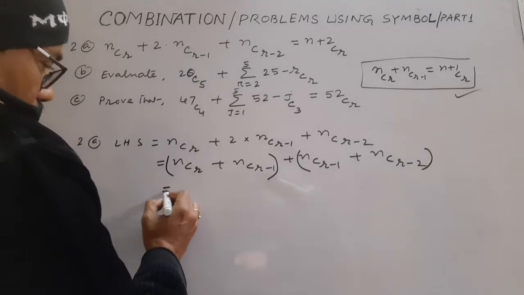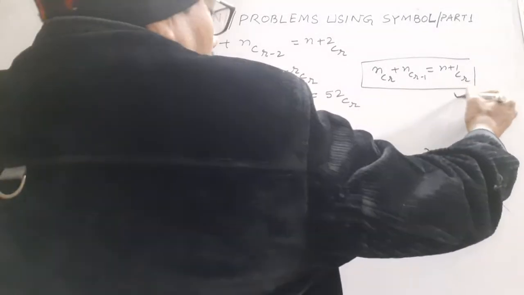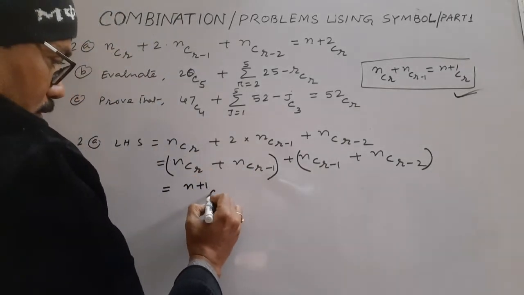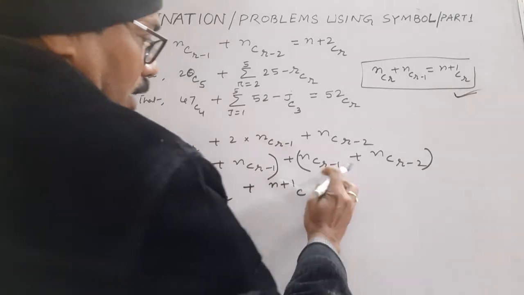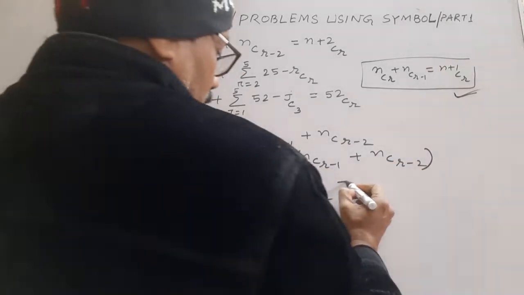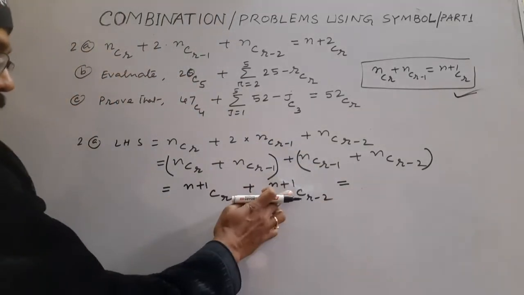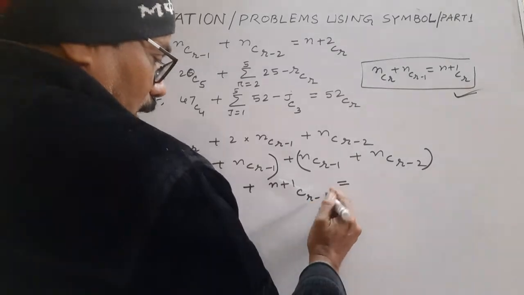Applying this formula, n plus 1 Cr and n plus 1 C r minus 1, the greater of r minus 1 and r minus 2 is r minus 1.